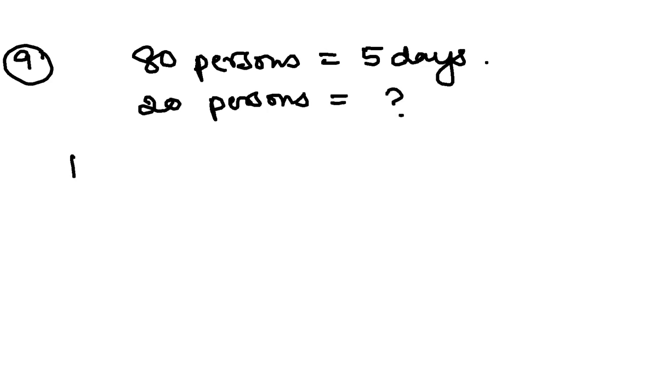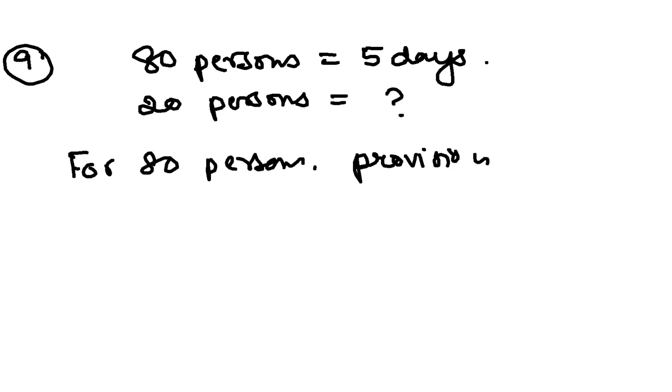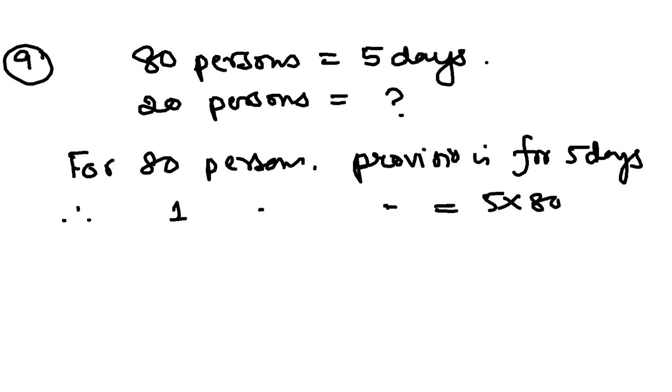So for 80 persons, the provision is for 5 days. So for one person, it will be more. That means I have to multiply 5 into 80 days. I hope you are following me.